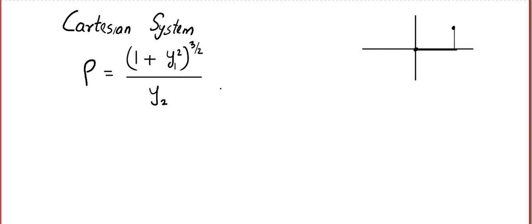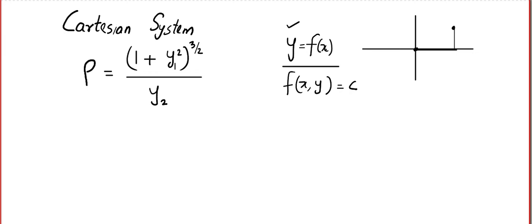Now look at this. Y stands for the function corresponding to our path or the curve. Maybe the function will be sin x, maybe cos x, or maybe it's a parabola. So it can even be in implicit form, f of xy is equal to some constant, or maybe in explicit form, that is y is equal to something. And y1 stands for the first order derivative, and y2 stands for the second order derivative.